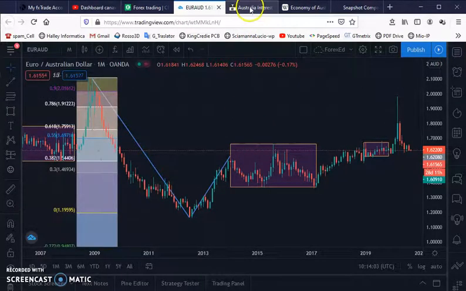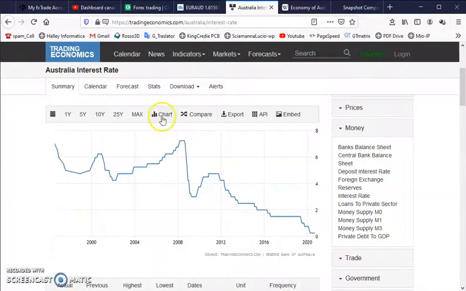I'm going to see Australia interest rate, and this is the chart. In the past, in 2008, the rate was about 7%, and now in September 2020 is about 0.25.